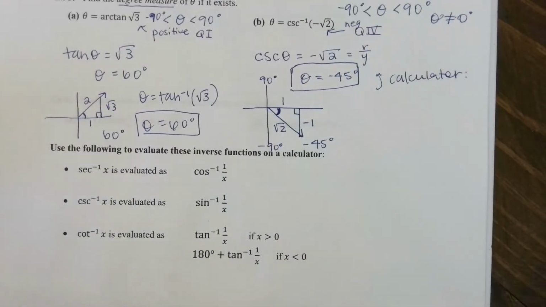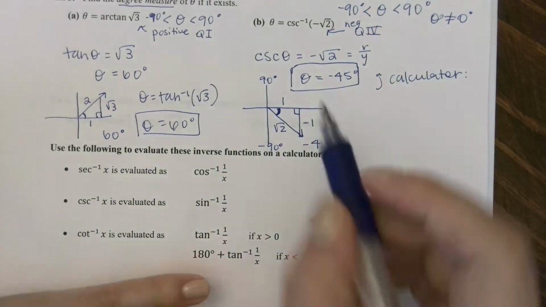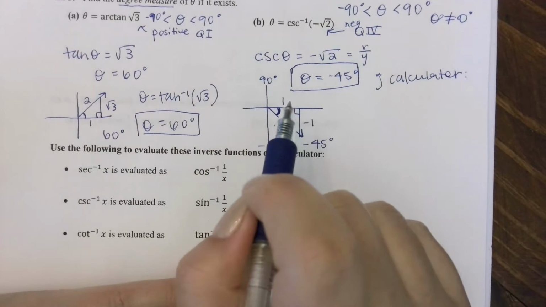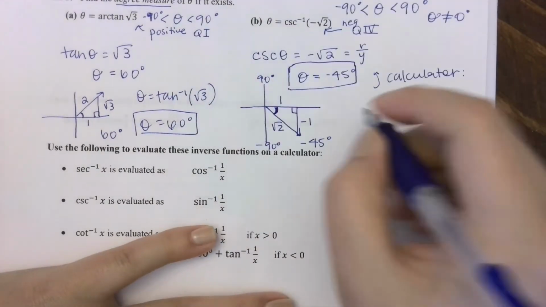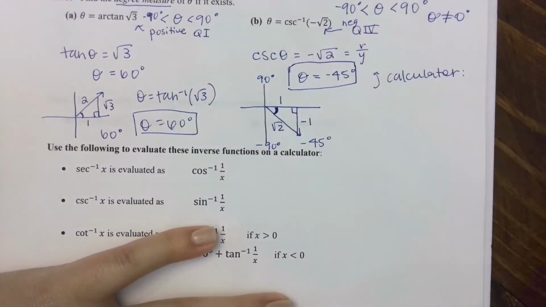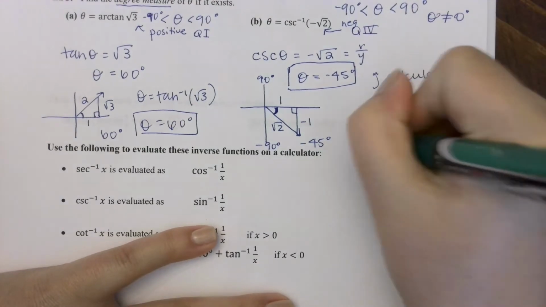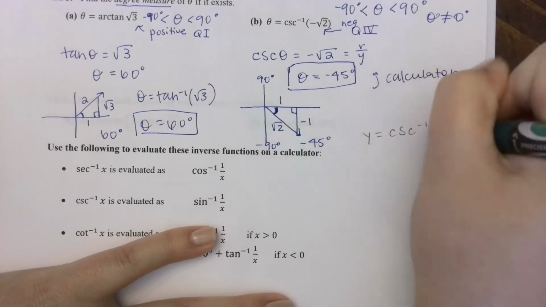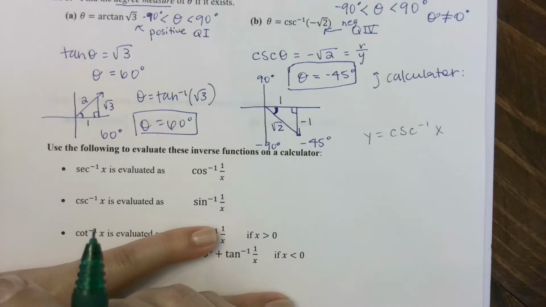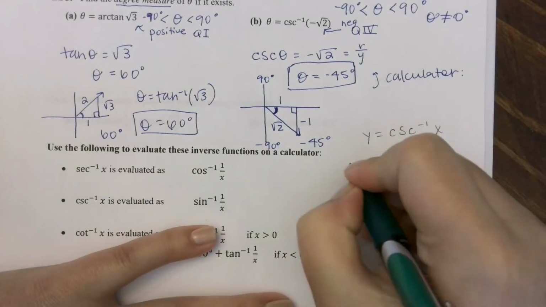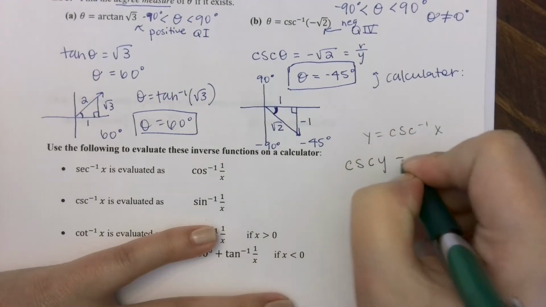Use the following to evaluate these inverse functions on a calculator. Let's talk about cosecant theta. I'm going to write a generic equation: y equals cosecant inverse x. That's the same thing as saying cosecant y equals x.